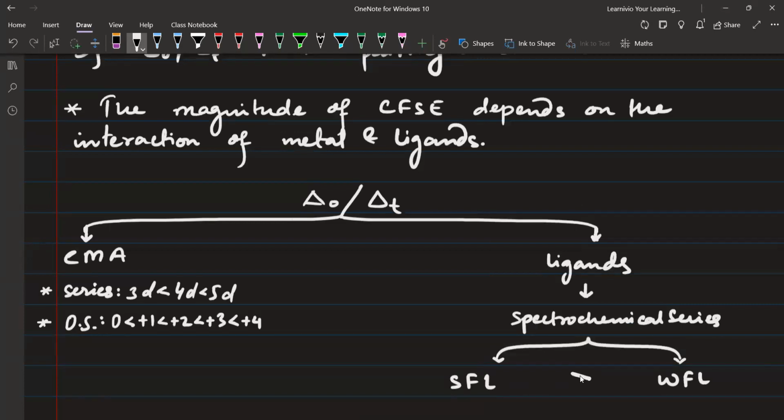Strong field ligands will give you a higher del O or del T compared to weak field ligands. So these are the three factors which determine the magnitude of del O and del T.